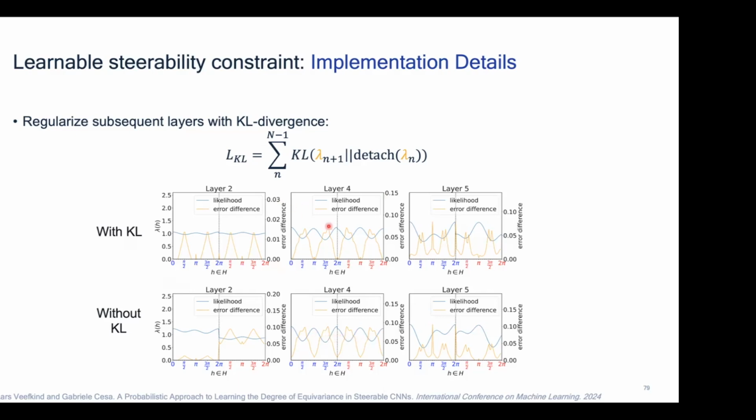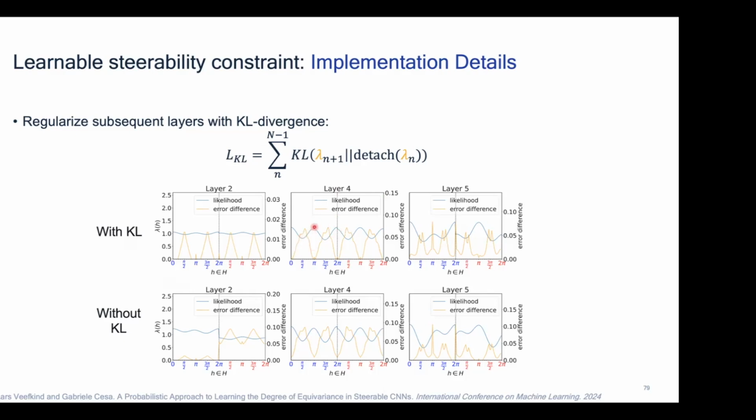Another nice thing is that we measure the effective equivariance error at each layer. This is a very rough approximation because we always work with discrete images, so there are a lot of interpolation artifacts when we test this. So take this orange line more as an indication, not a precise measurement. But we see that when the learned equivariance at a certain layer has a pattern, the measured error has exactly the opposite.